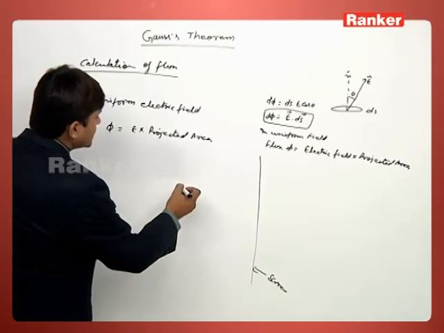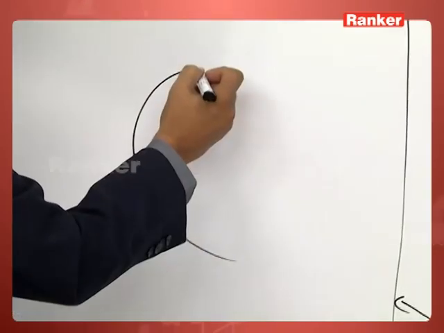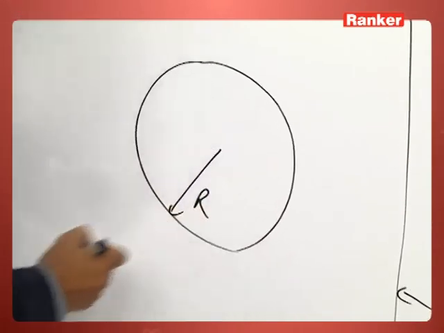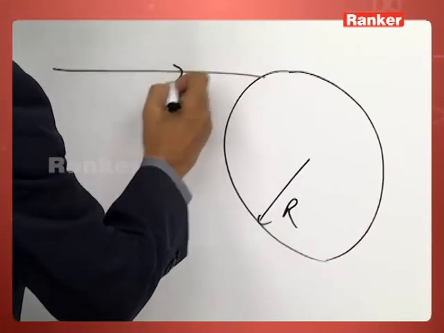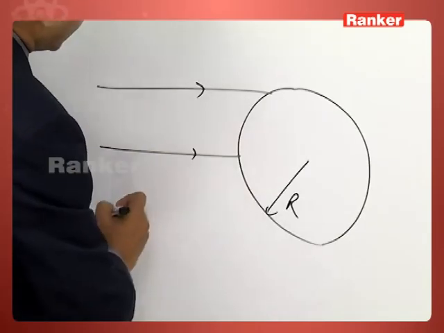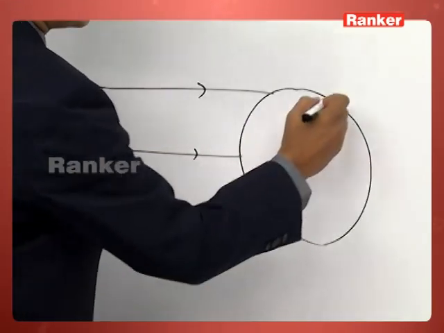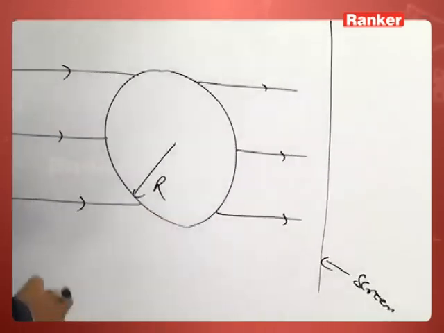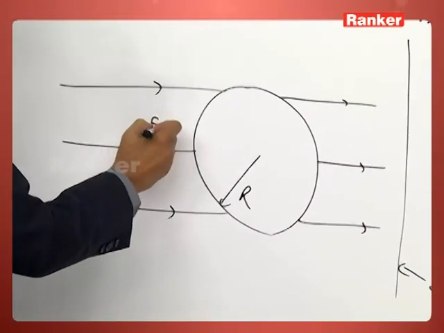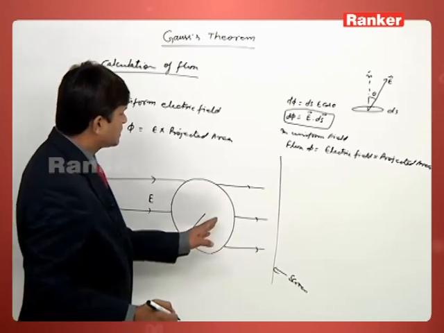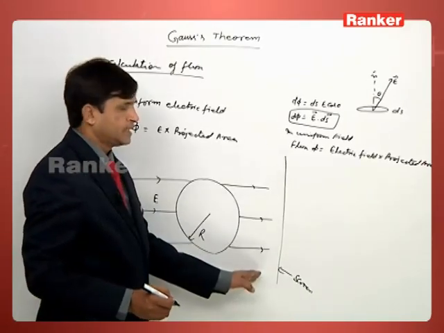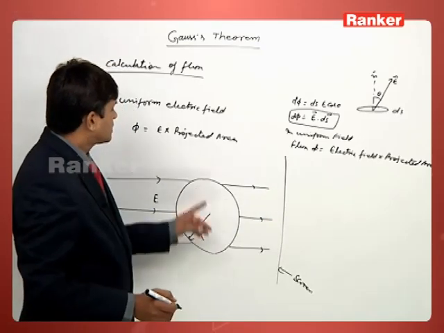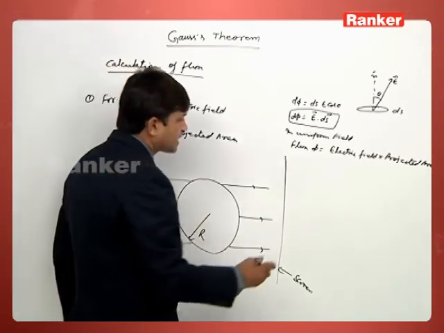Similarly, suppose we have another shape. Let a sphere of radius r be kept in a uniform electric field like this. If we look at the flux through this, with electric field E and radius r, and look at the projected area on the screen, we will get a circle of radius r.